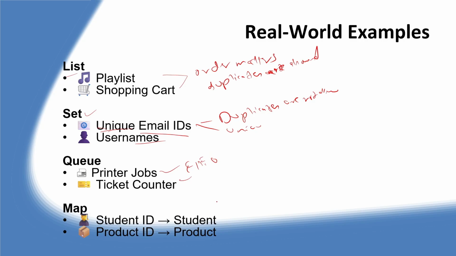And Maps are ideal for storing relationships, like student ID to student name, product ID to product details, or employee ID to employee details. So it will be in the form of key and value. This is the use case for Map.